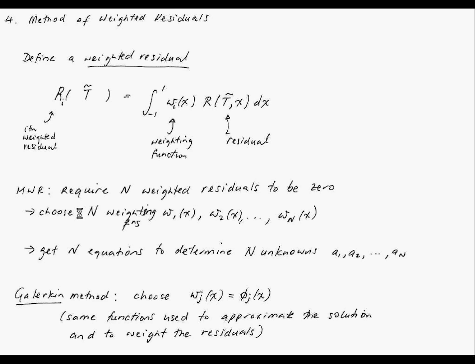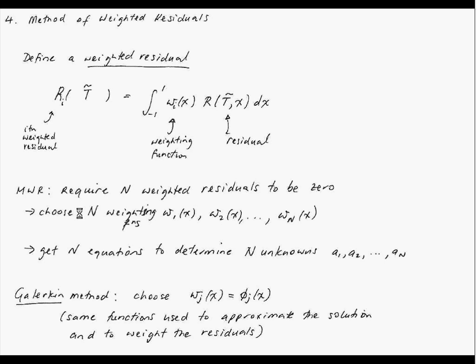So again, little r sub i is going to be our ith weighted residual. And what you're going to see is that we're going to need n of these things, because again, we're looking for n conditions to find n unknown coefficients.